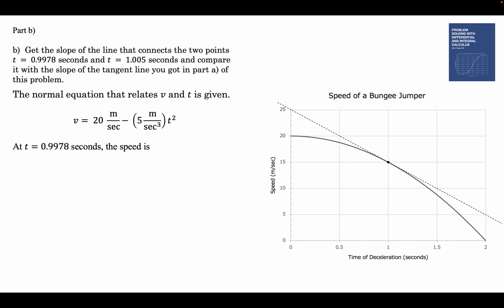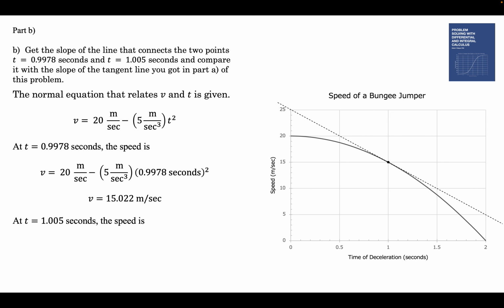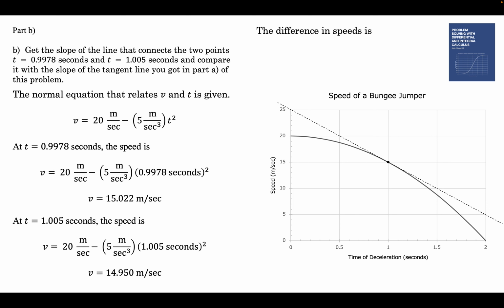We start off by plugging in 0.9978 and calculate the speed, 15.022 meters per second. A little bit later, at 1.005 seconds, the speed is 14.950. The bungee jumper is slowing down, and the amount it slows down is the rise. It's negative, slowing down. We can subtract those two, and we get minus 0.072 meters per second.